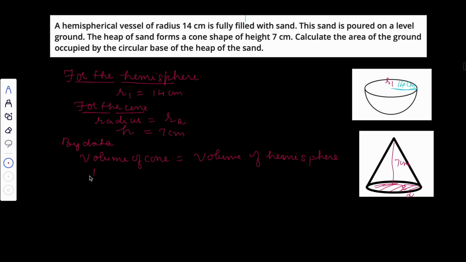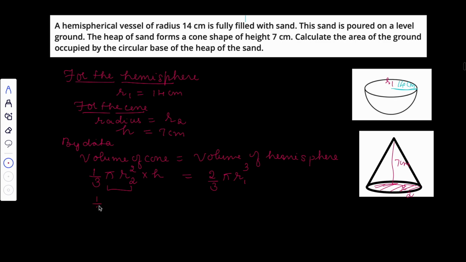Now we'll write the formula here. 1 by 3 pi R2 square into H is equal to 2 by 3 pi R1 cube. Now we want to find the area of the base, that is pi R square. Area of the circle is pi R square, so we want to find pi R2 square.